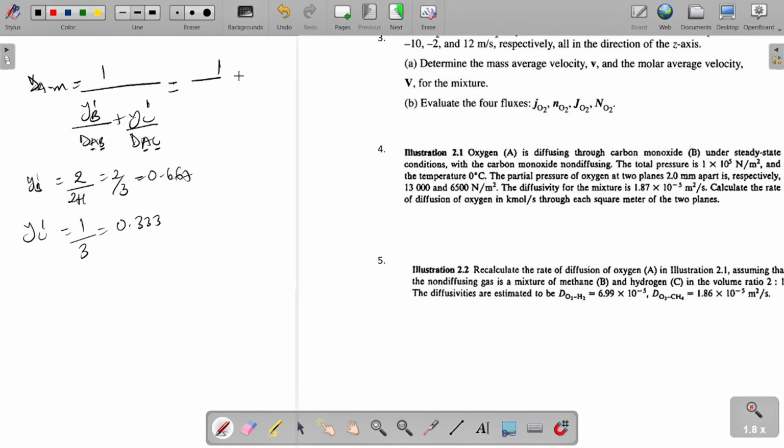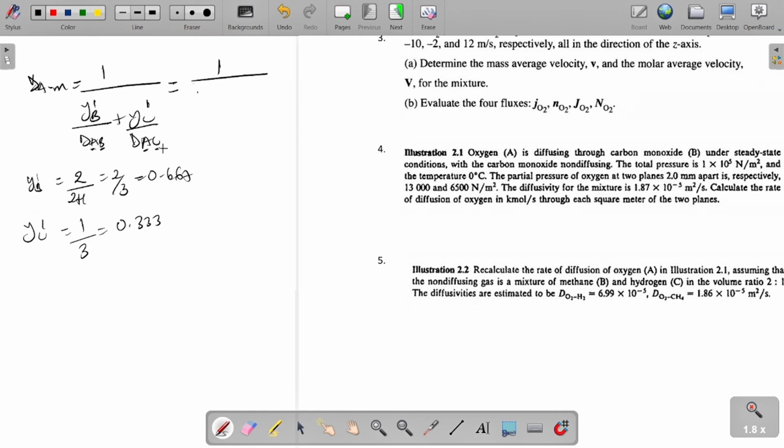Right, so it becomes 1 divided by, so over here I have, so always this is how you have to do it. You always have to make sure you find the diffusivity of the gas you want in the mixture. So if it's oxygen, the bottom here should be the diffusivity of oxygen in one of the gases and diffusivity of oxygen in the other gas, right?